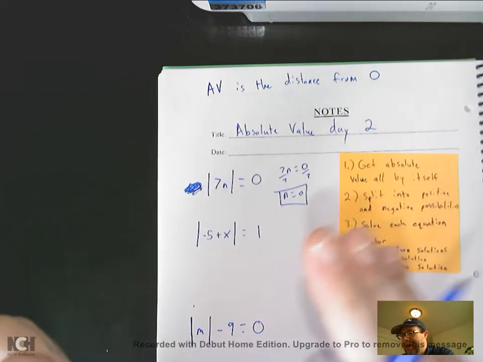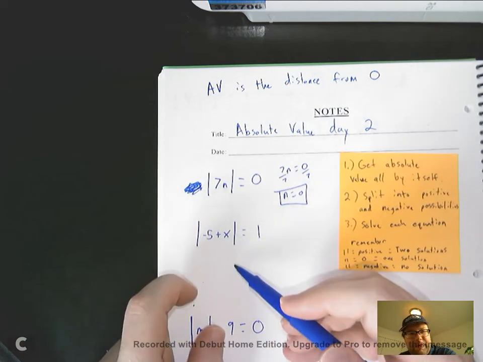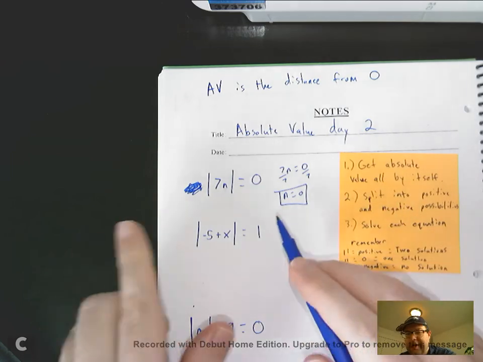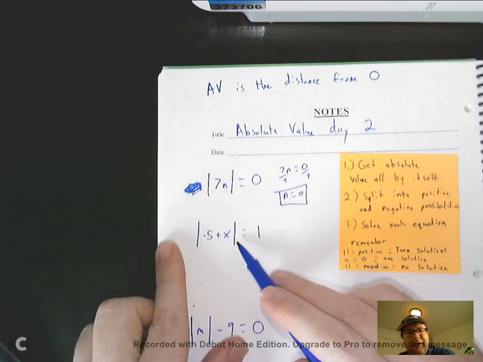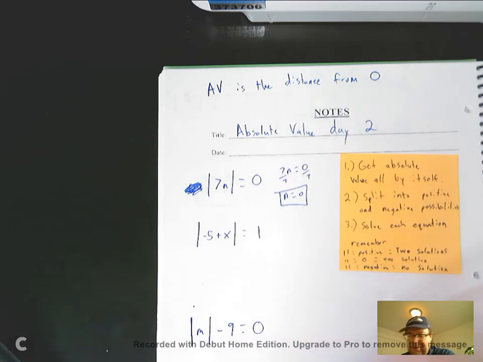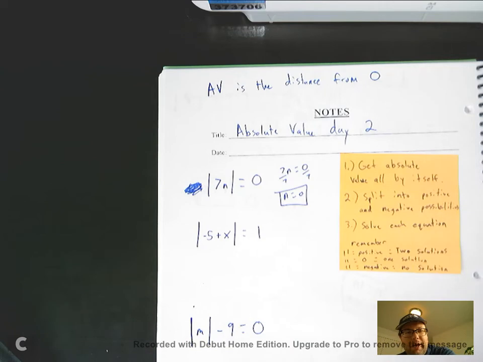Okay, let's look at another one. So looking at this one, we have negative 5 plus x inside the absolute value equals 1. So get the absolute value all by itself. Is there anything outside this absolute value here on this side of the equation? Nope, everything's inside. So we're good. Next step is to split it into two equations. One equals to a positive possibility, one equals to the negative possibility.